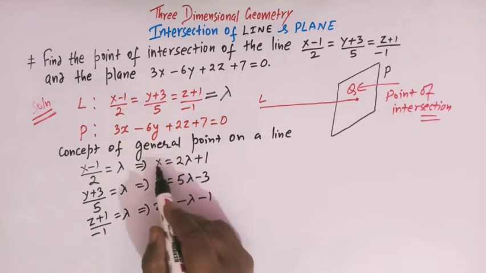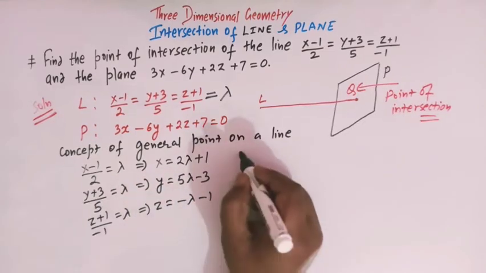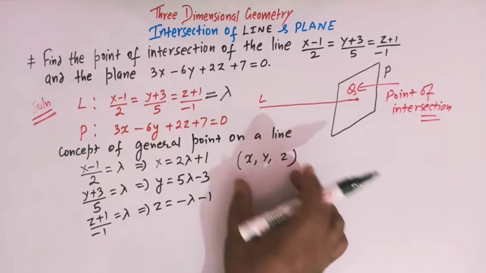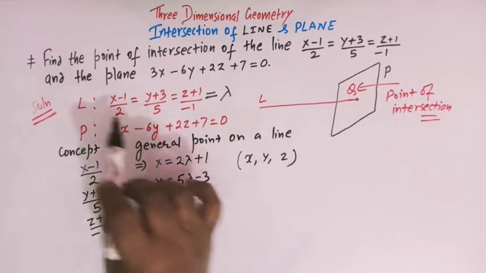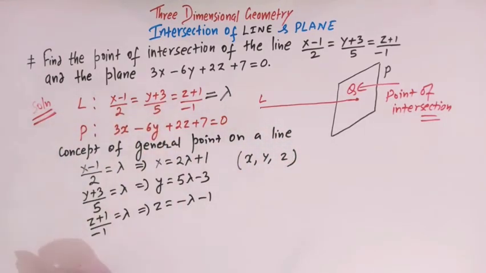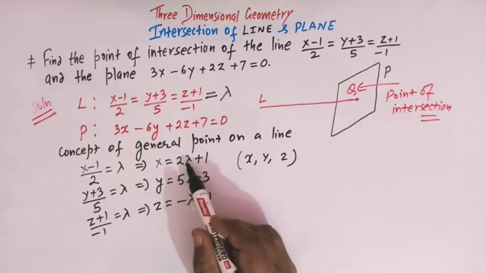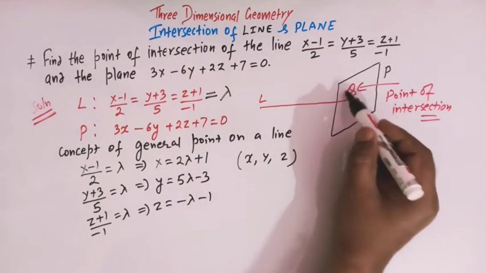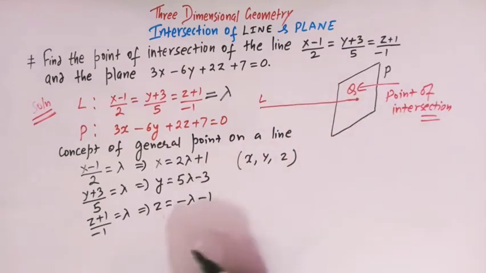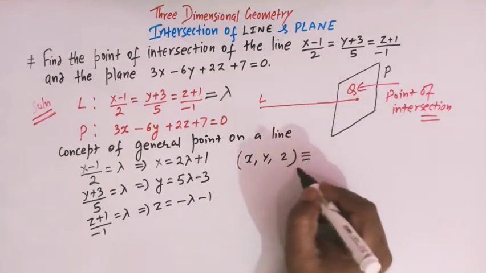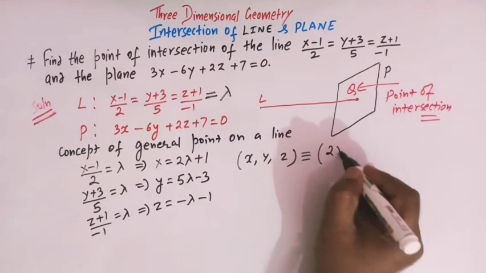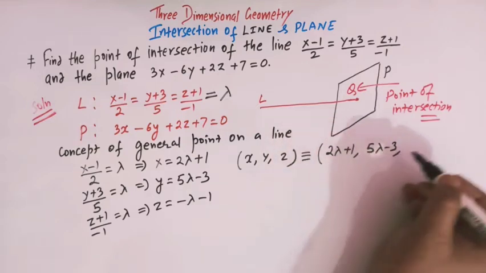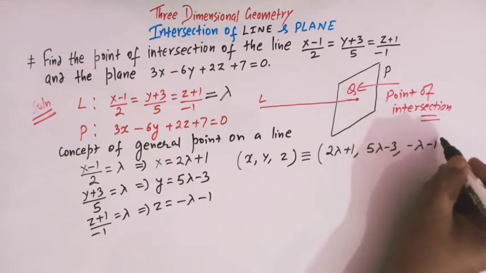Now x, y, z represents the coordinates of the general point on this line L. For some value of lambda, we have the coordinates of this point Q. So (x, y, z) is (2 lambda plus 1, 5 lambda minus 3, minus lambda minus 1).